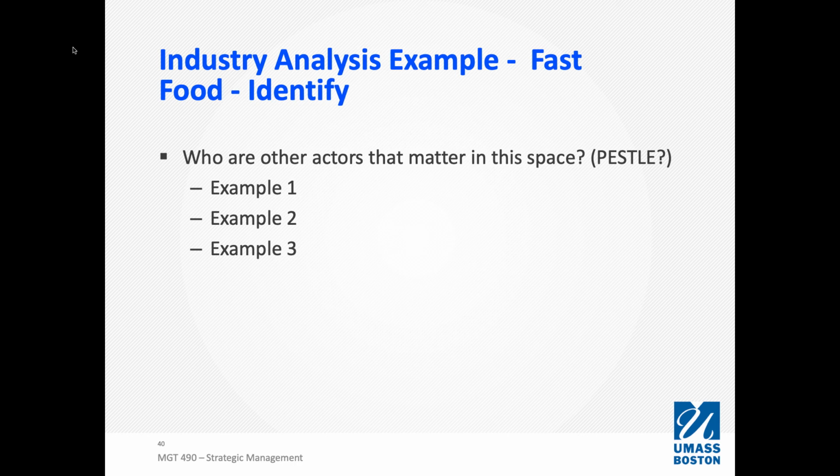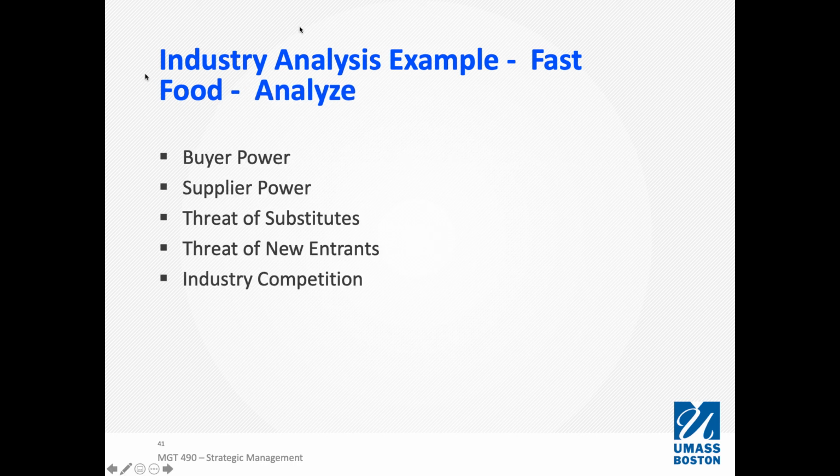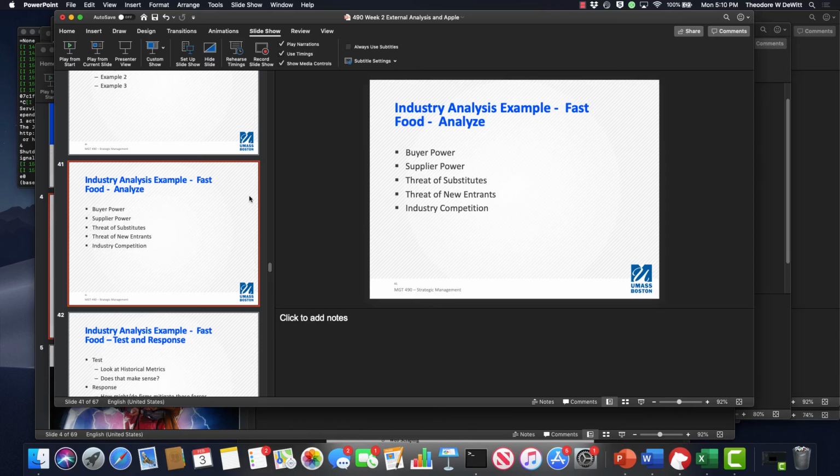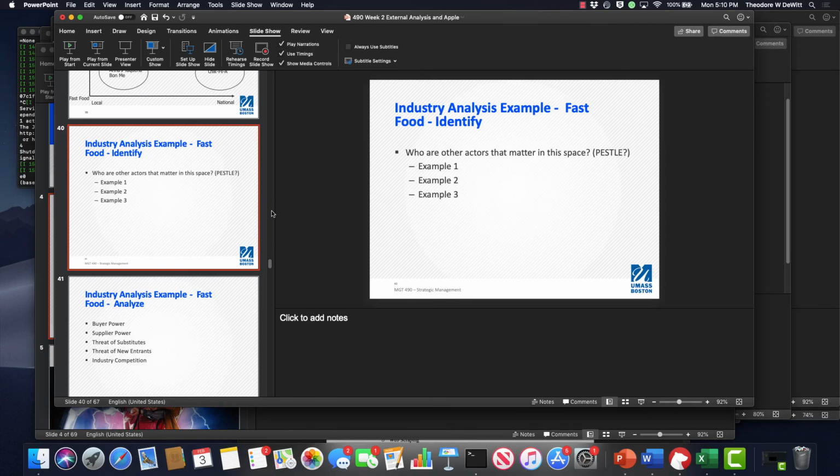Who else matters in the fast food space besides the companies themselves? The consumers, distributors, consumers, right? Here, let me X out of this because I want to write this down.